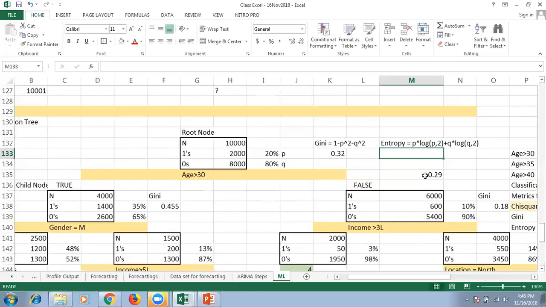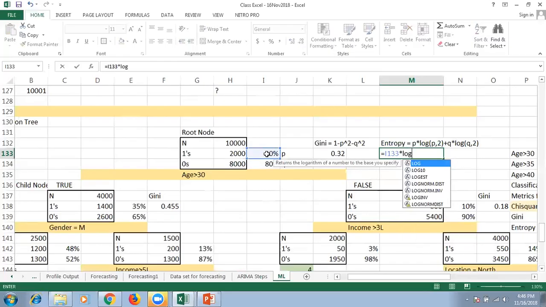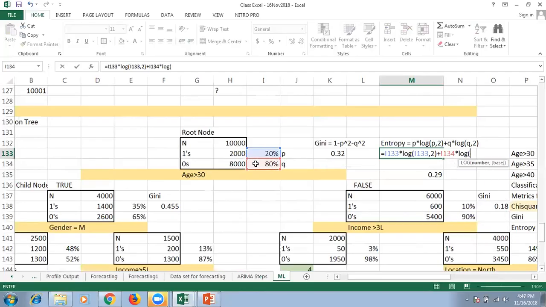What is the entropy value in this case? This is my P value multiplied with log of P, base 2, plus Q times log of Q, base 2.